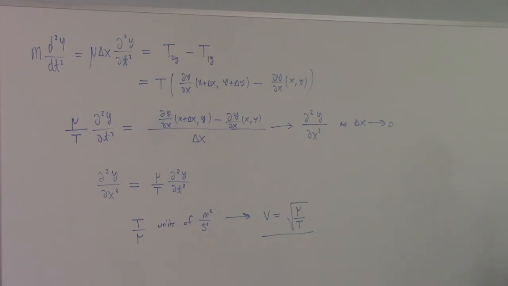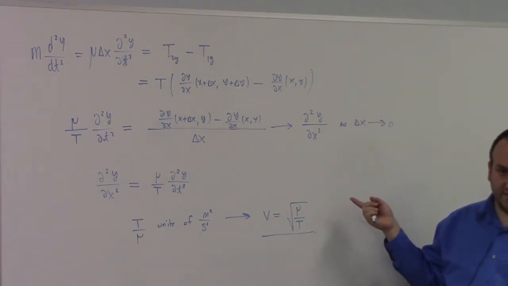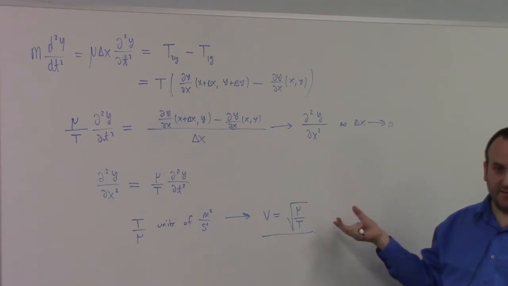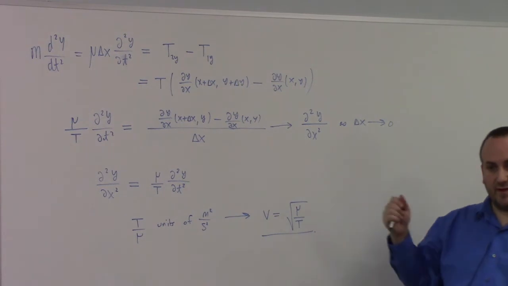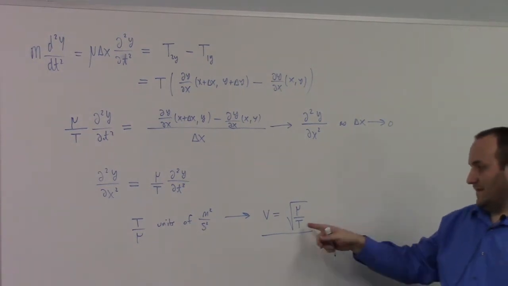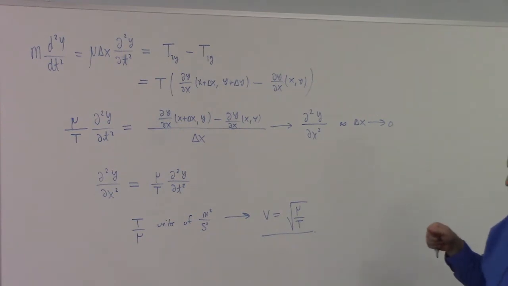Which makes a lot of physical sense if you think about it, because mu is the mass density, right? So it says the heavier the string is per unit length, the slower the speed it propagates with. And then T is the tension, which says that the tighter you pull the string, right? Well, wait a minute. That seems wrong.